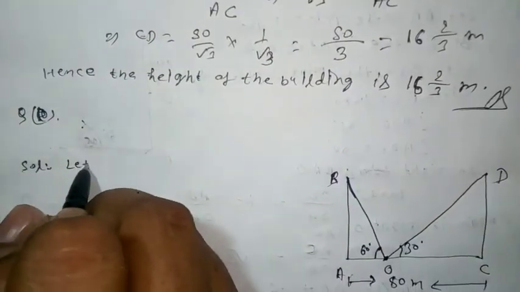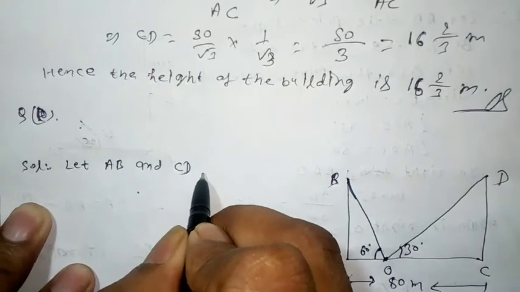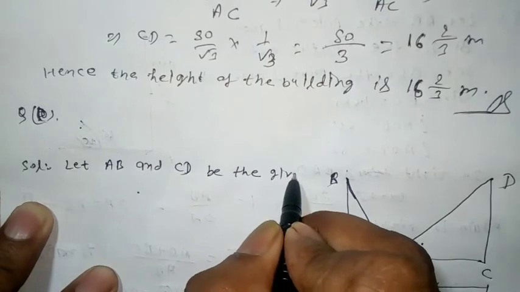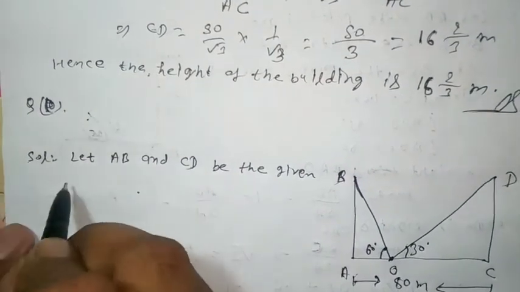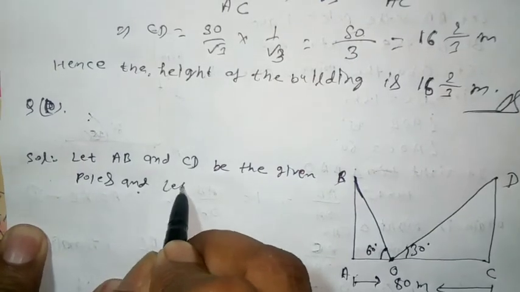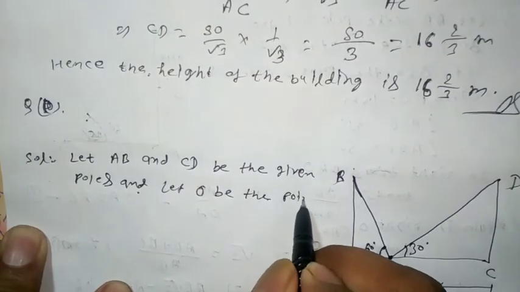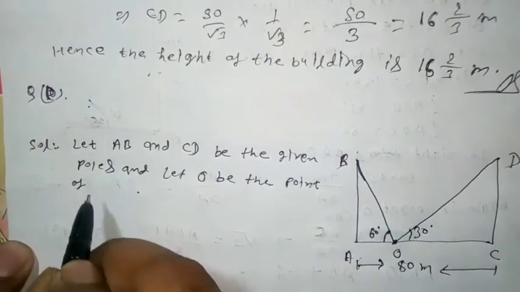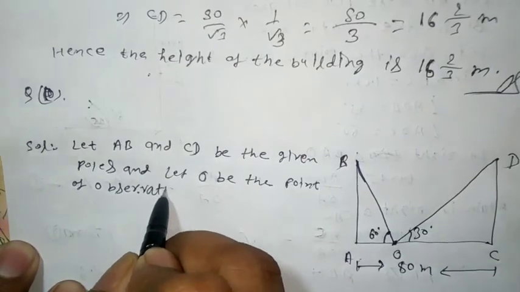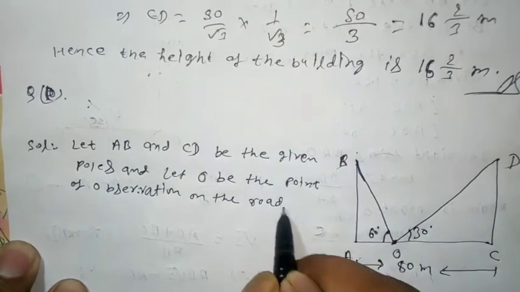Let AB and CD be the given poles, and let O be the point of observation on the road AC.